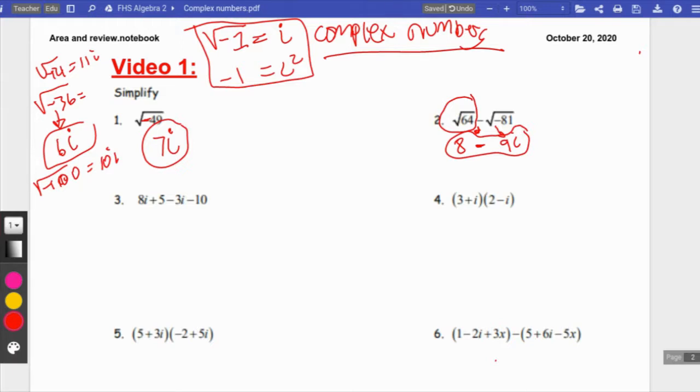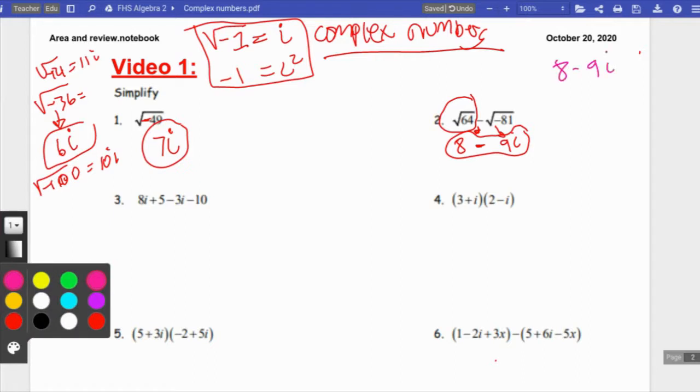Do you know why we're going to stop here? Because here's a misunderstanding. Some people would think because it's 8 minus 9i, they will go and try to reduce that and say, oh, I can just do this. That should give me -1i. There's no such thing. The reason you know to stop is that a complex number is written like this: a plus or minus bi, meaning a number plus or minus a number with i.